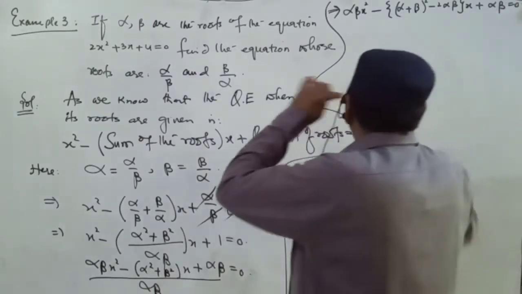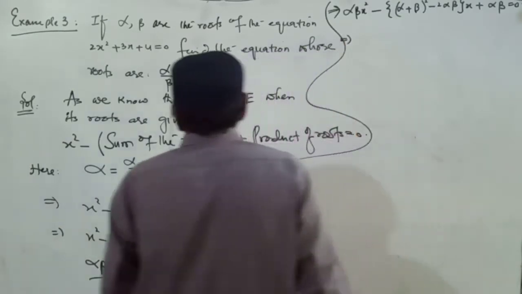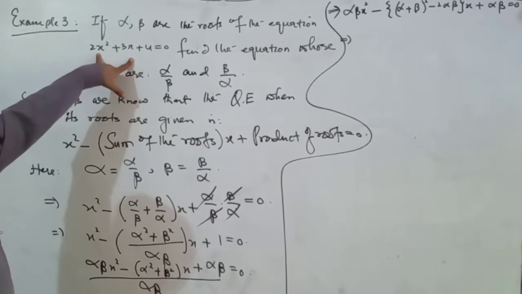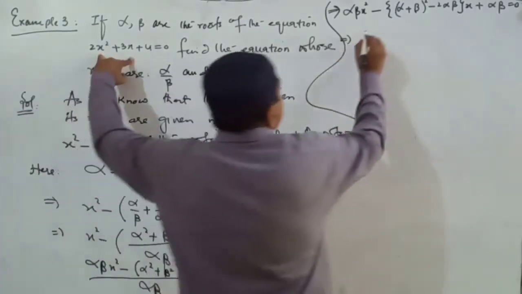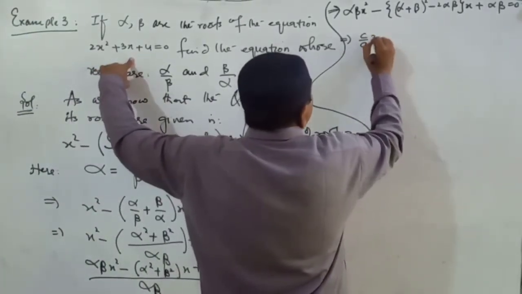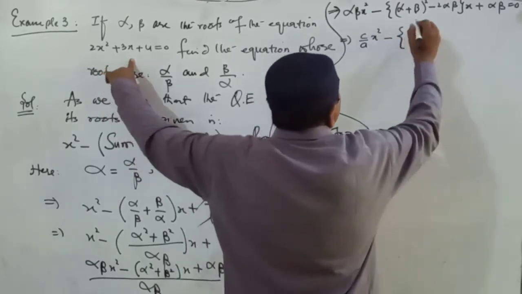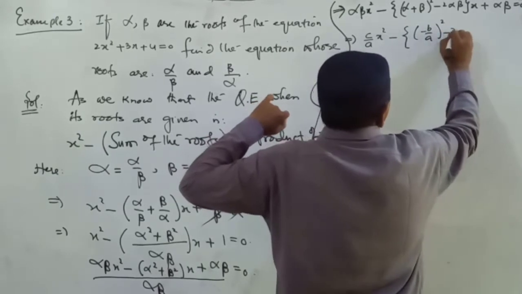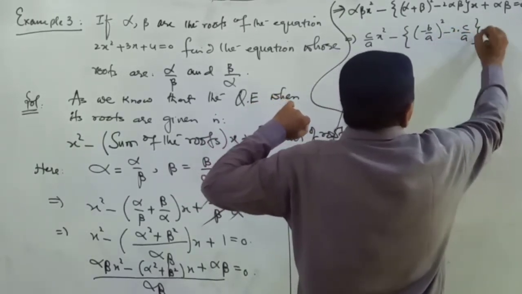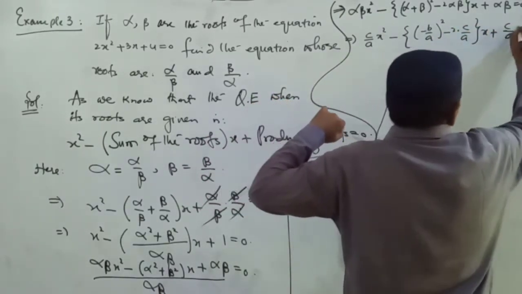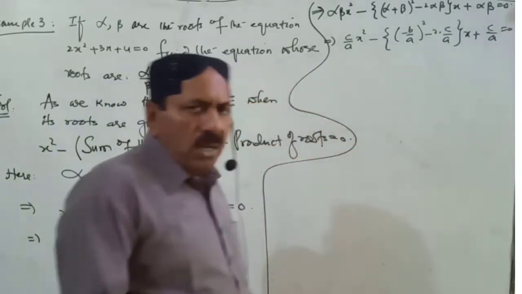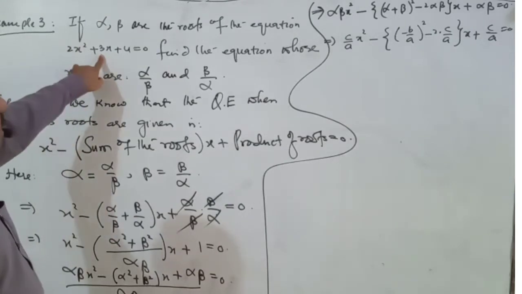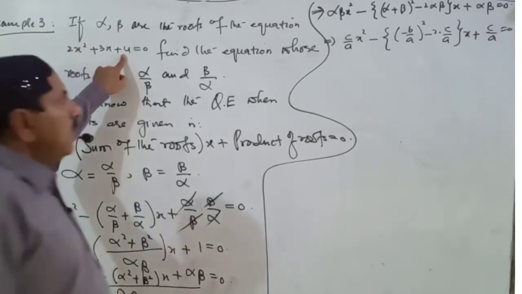So now, according to the equation, product of roots is C upon A. So the product of roots C upon A x square minus (B upon A whole square minus 2 into C upon A) x plus C upon A is equal to 0. This is the condition. So here A is 2, B is 3, C is 4.